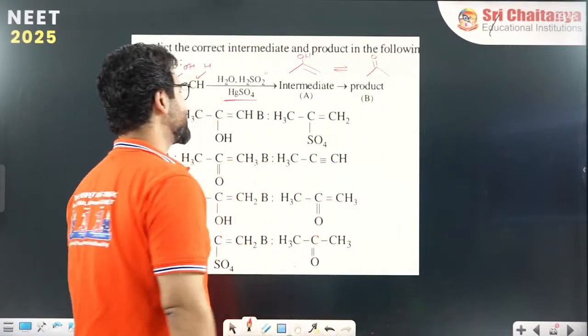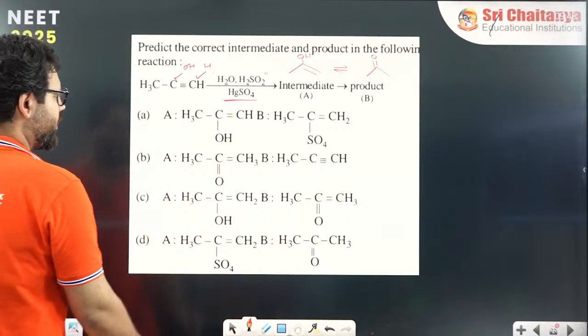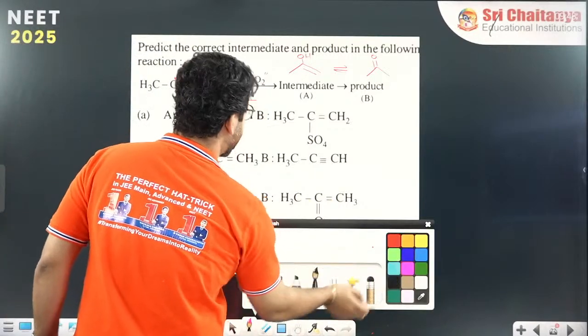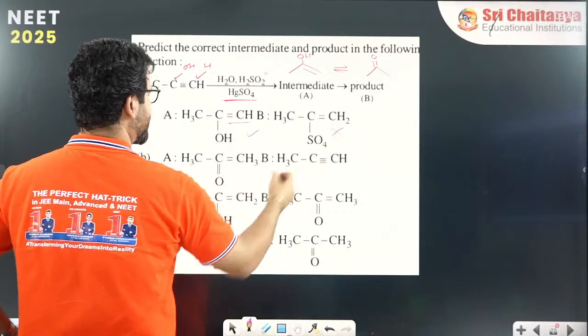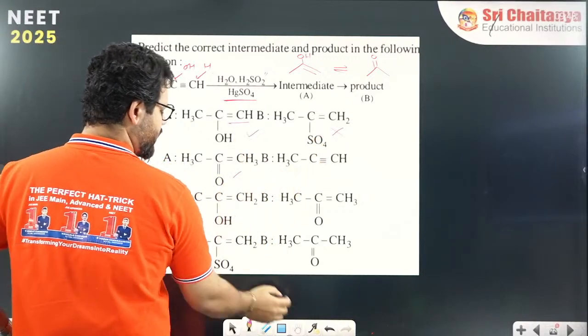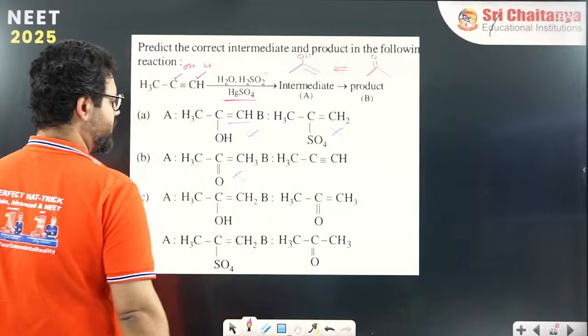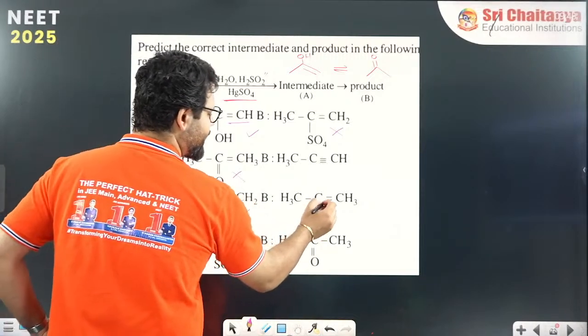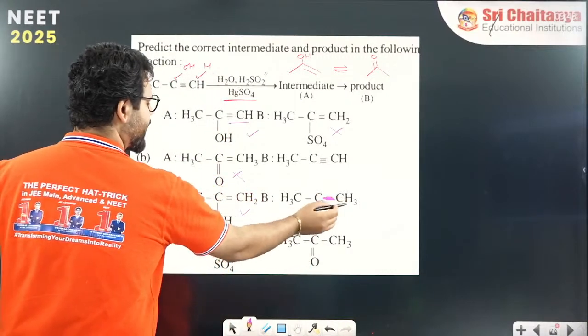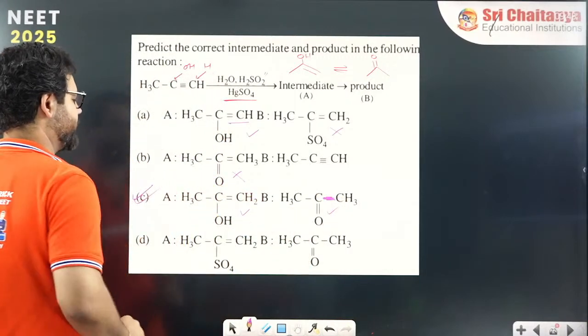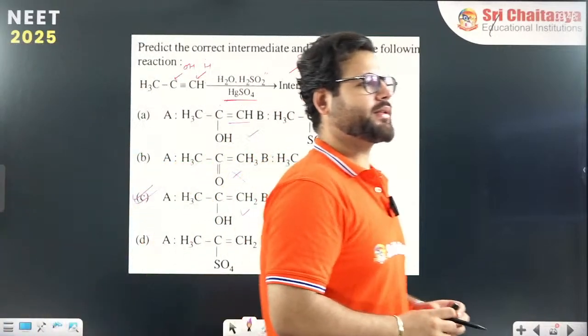So acetone is the final product. So A and B they are asking. This is correct A, but this is not correct B. This is not correct. This is correct and this is correct. By chance they have given two bonds here, it's a single bond. So this is a correct one. Option C is correct. Yes, C is correct.